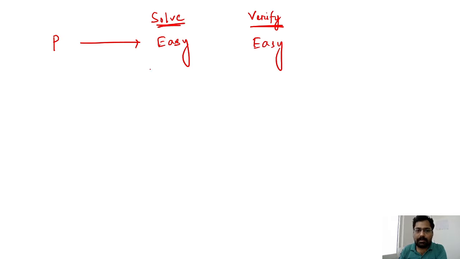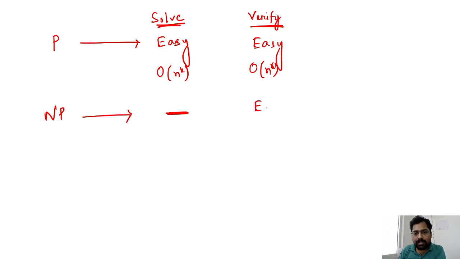Easy means it belongs to n to the power k. But for NP, non-deterministic polynomial, we cannot guarantee easy. It may be easy or may not be easy. That's why I'm writing in this way. But here verification is easy with big O of n to the power k.